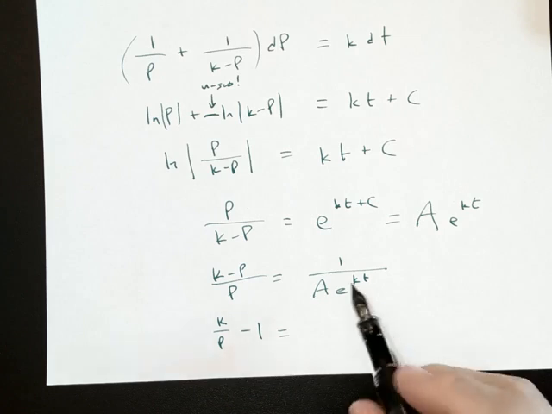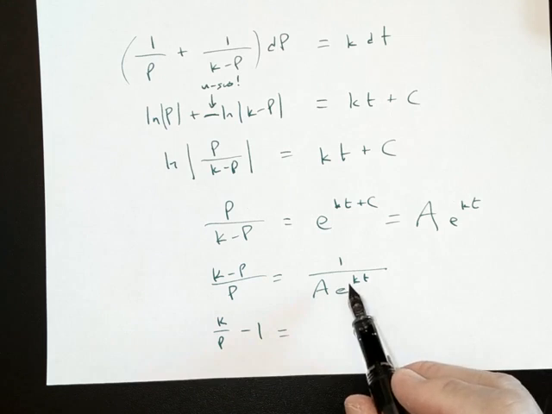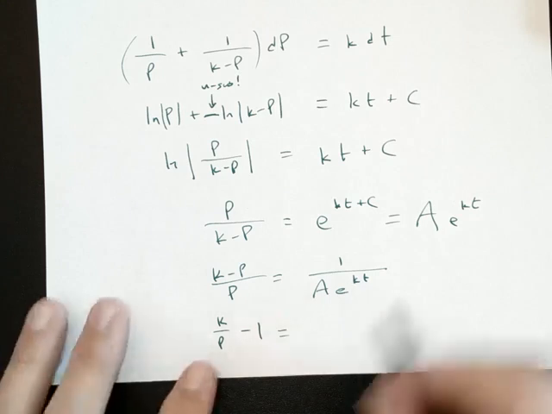Make it to a negative power. One over a is another number, right? I'm just going to change the letter.